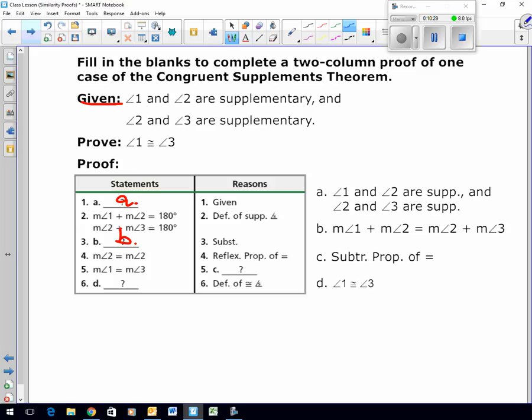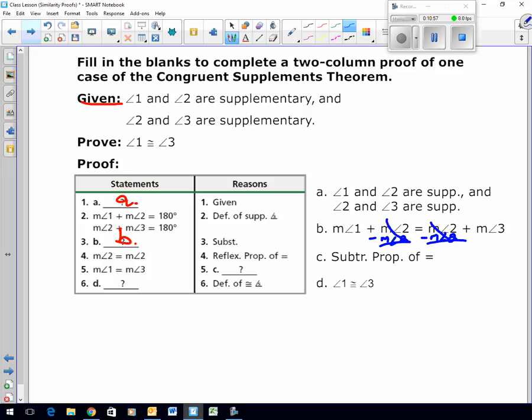Angle 2 has to equal angle 2. Here's what I can do. If I'm trying to get to this final step, this is where people are like, what do I do to angle 2 here? Subtract it. I subtract the measure of angle 2 from both sides of the equation, correct?